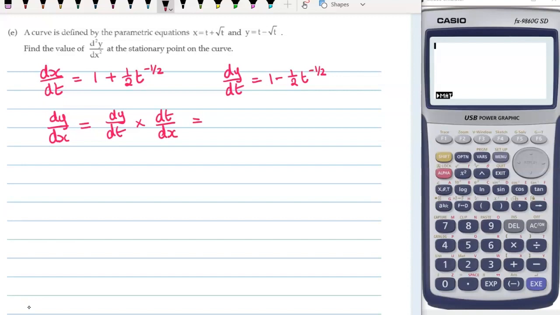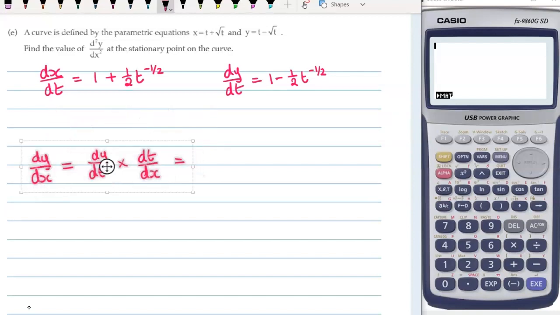So this is going to be, actually let's rewrite them as square roots and putting them on the right parts of a fraction. So this will be 1 plus 1 over 2 root t. And this will be 1 minus 1 over 2 root t.